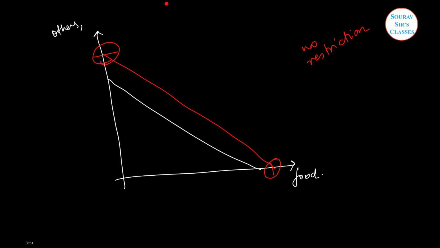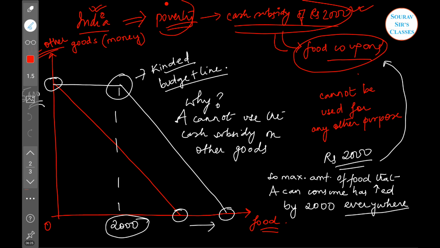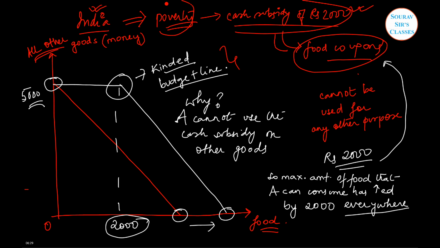Now you can spend this cash subsidy on any good. So there would have been a parallel shift, but we actually get a kinked budget line just because of the restriction that it cannot be used for any other purpose.